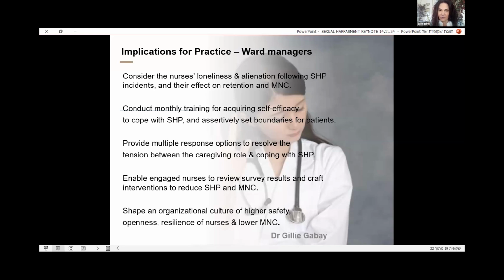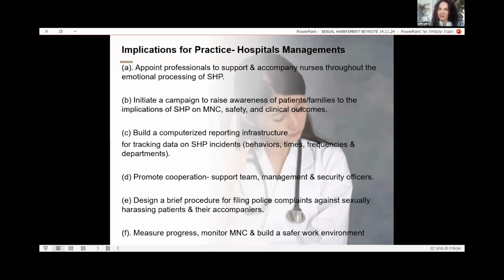Enable nurses to be engaged, review surveys about these incidents, and craft interventions to reduce sexual harassment that will reduce missed nursing care. Also, for ward managers, shape an organizational culture in the ward of higher safety, higher openness, work on the resilience of nurses as ways to reduce missed nursing care.